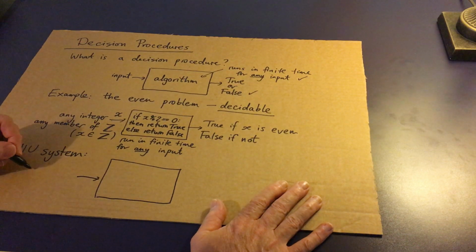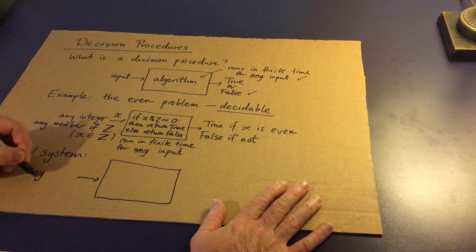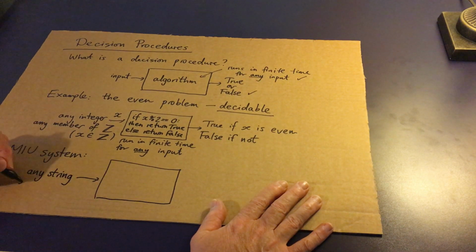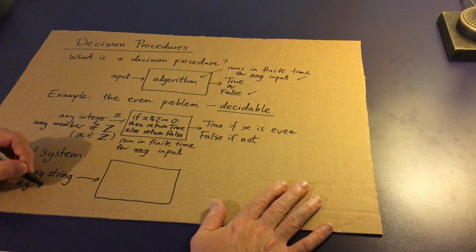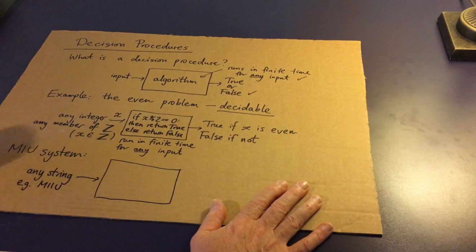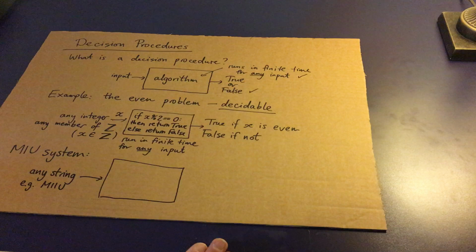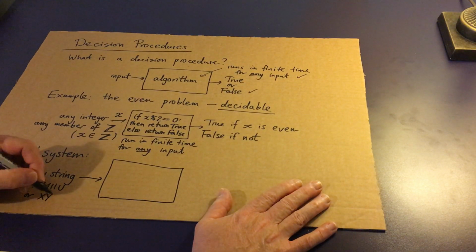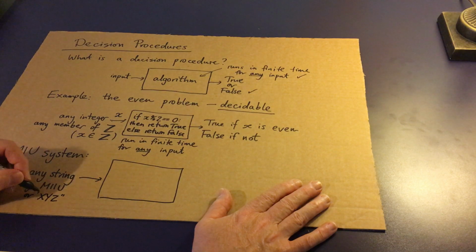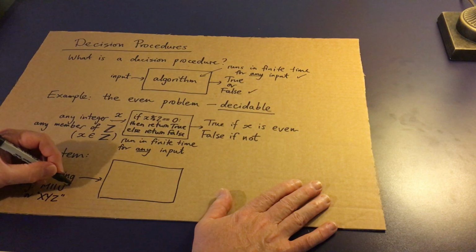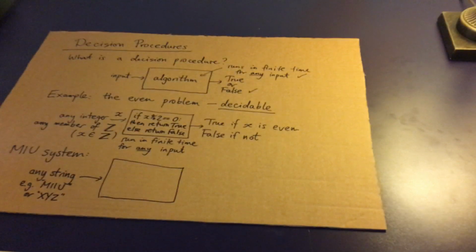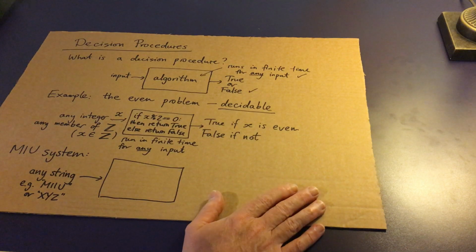Well, we'd like to input here any string of characters, e.g. "MIIU", for example. Any string of characters, or it could be the string of characters "XYZ". Let's put some quotes around it to make sure that we know it's a string. There we go. So the input is any string of characters that you like, chosen from the set of all possible strings.